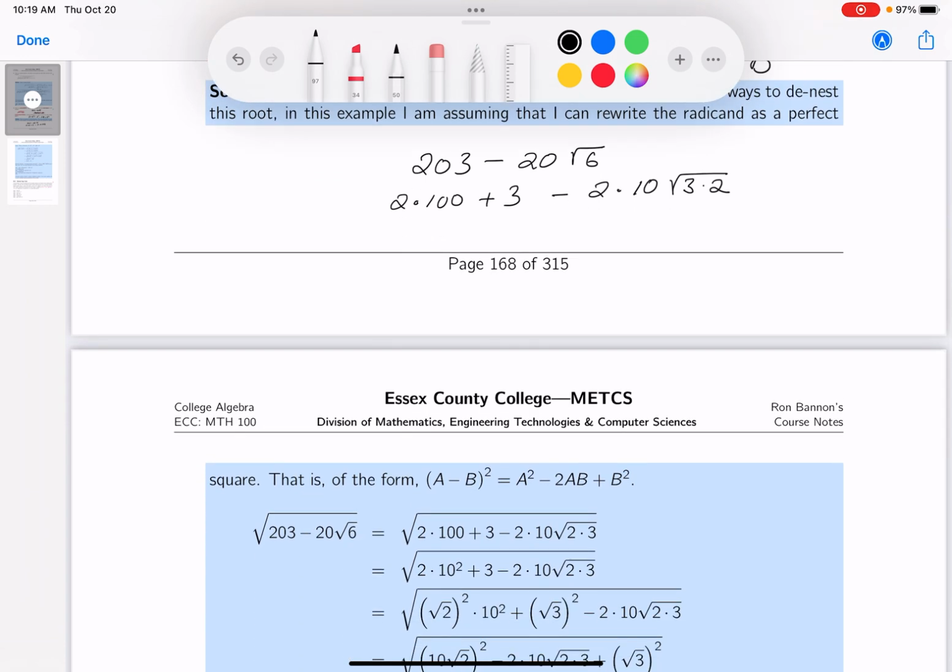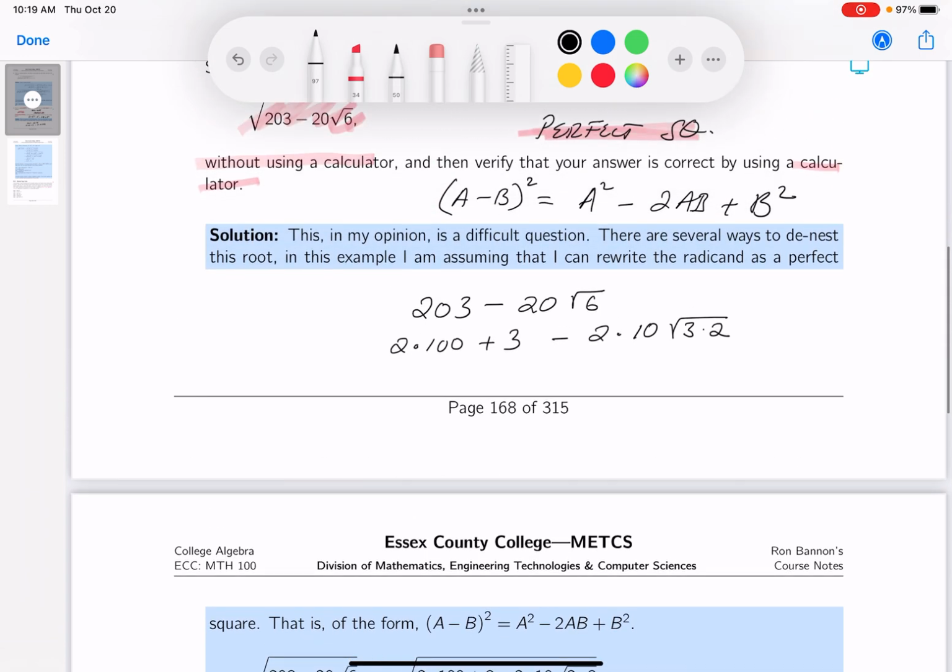And I'm going to write these things down so it sort of looks like this here. Now, I'm seeing that middle part. I'm seeing the middle part as being minus, whoops, sorry about that. This is the middle part. I can write that as minus 2 times 10 root 3 times 2. That's the middle part.